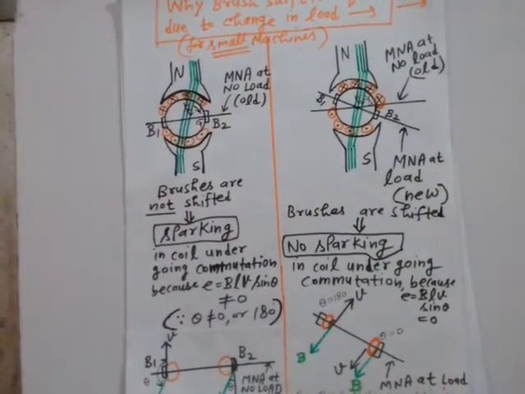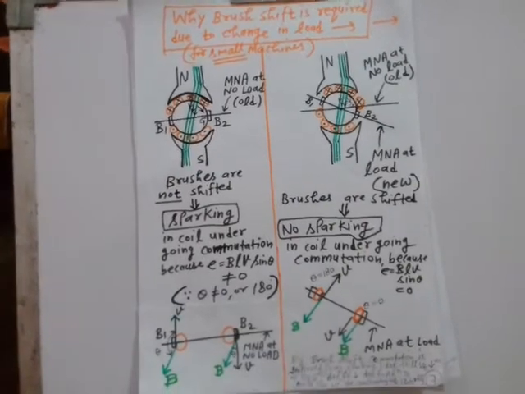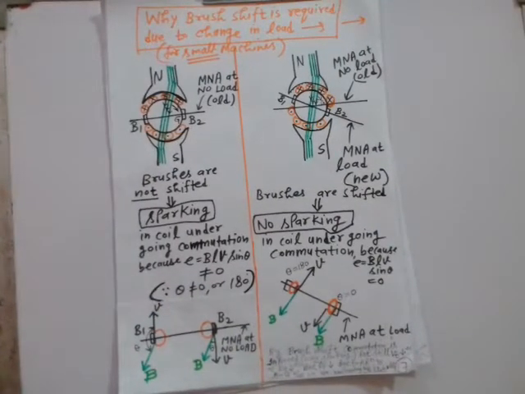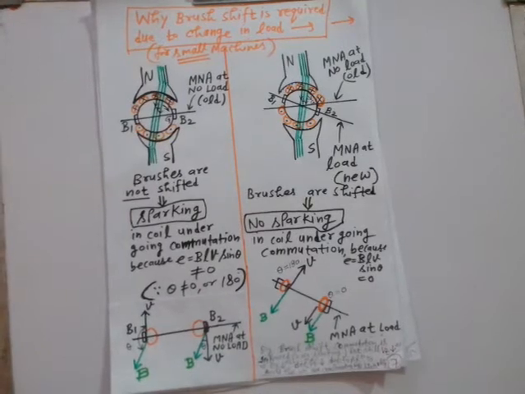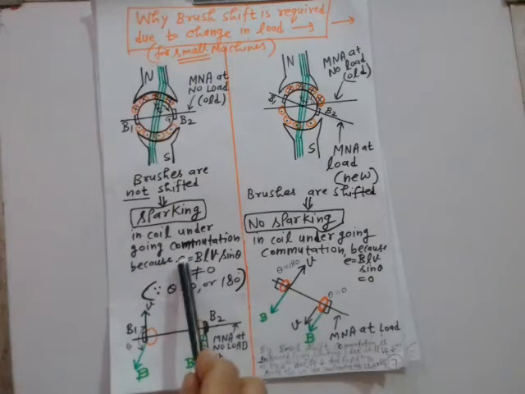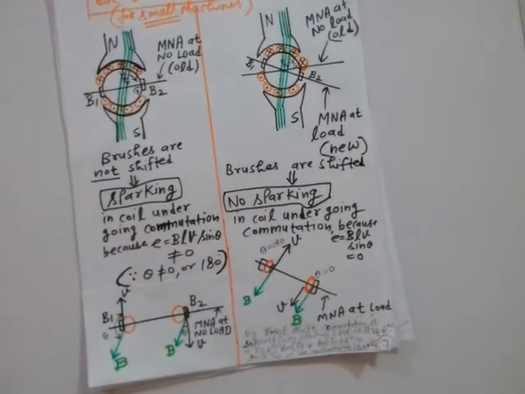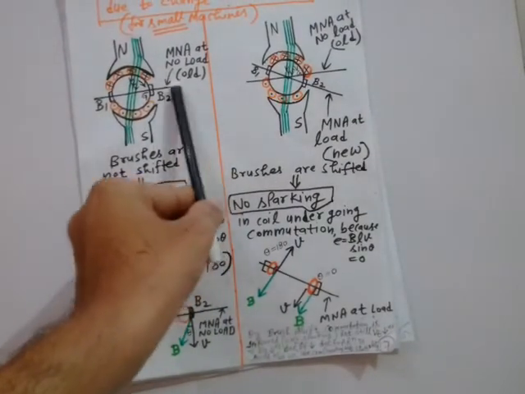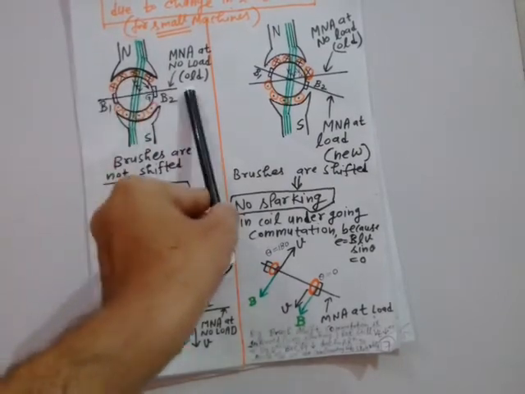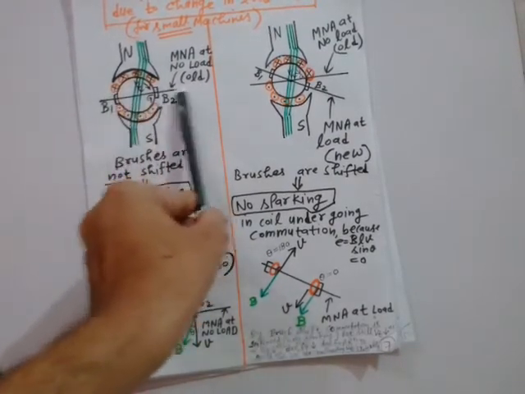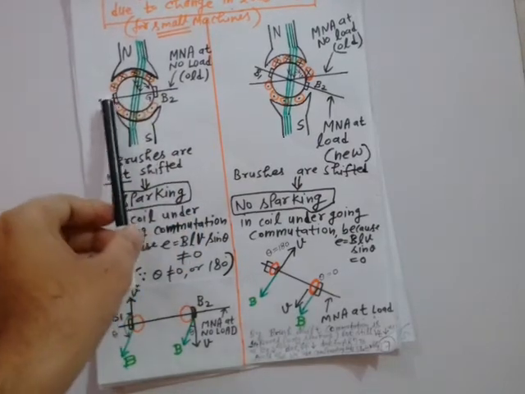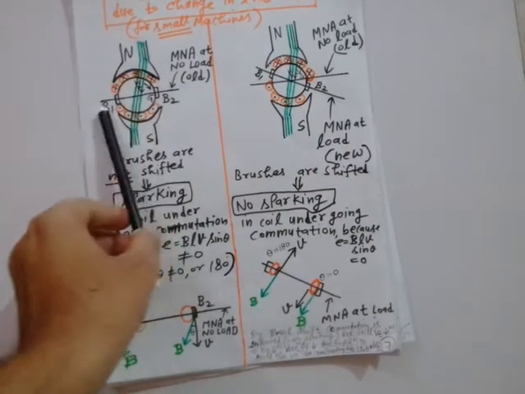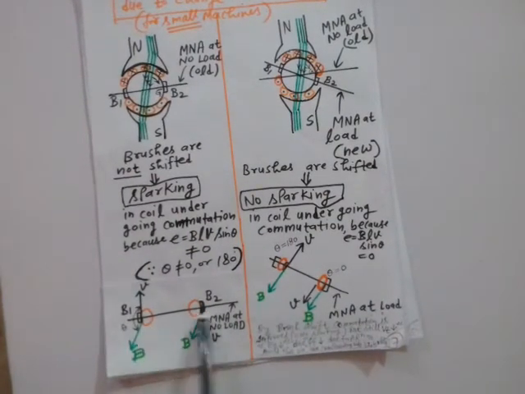So see here, let us further illustrate why theta is not 0 or 180, due to which you are getting a non-zero value of rotational voltage E, right? So have a look at this diagram. I have simply drawn this old MNA separately, on which the original positions of brushes B1 and B2 are shown here, B1 and B2, right?